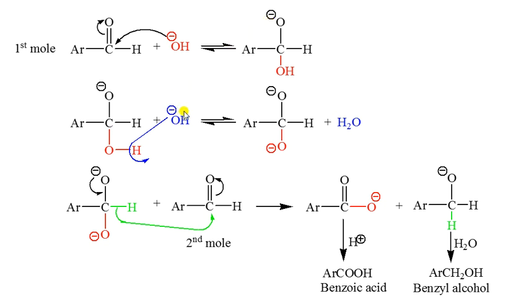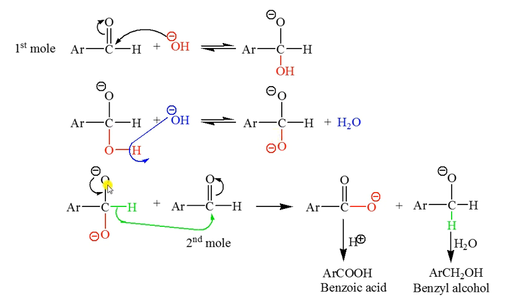Another hydroxide ion will extract, or deprotonate, the hydrogen from the hydroxyl to produce a double charged ion intermediate.